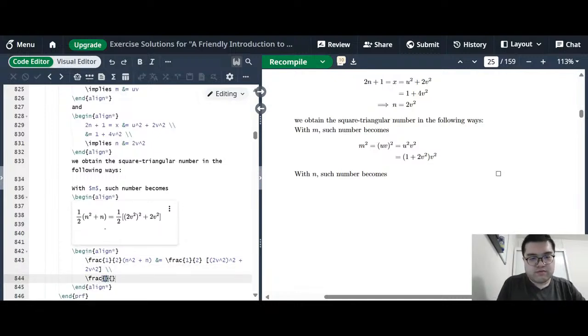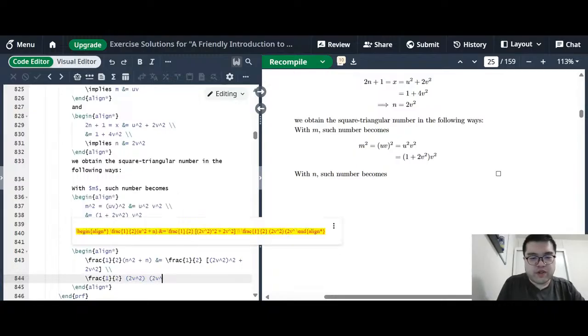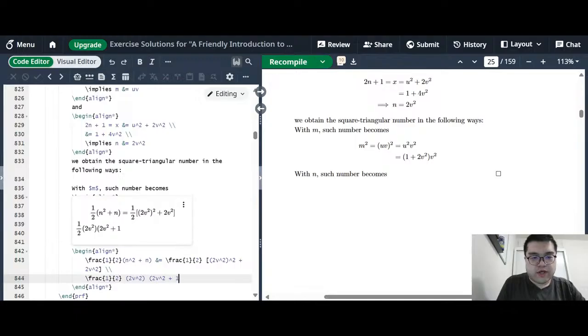So we have 1/2 times 2v squared times the remaining part, 2v squared plus 1.